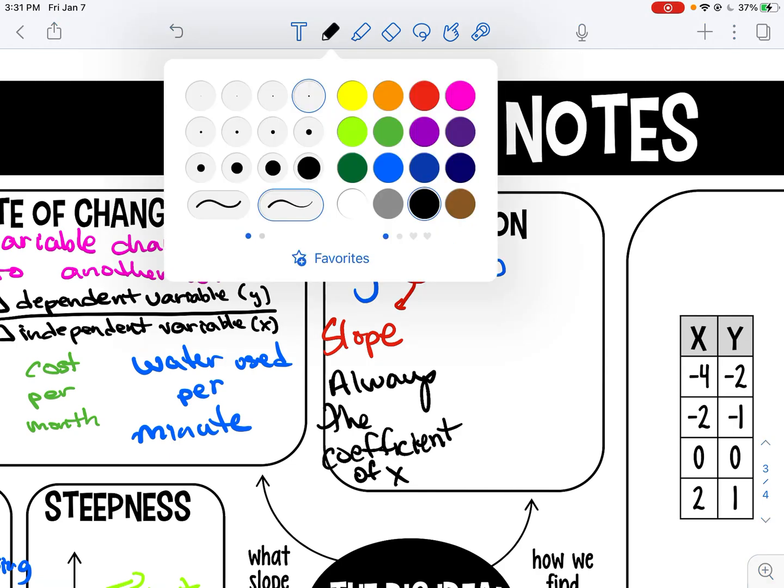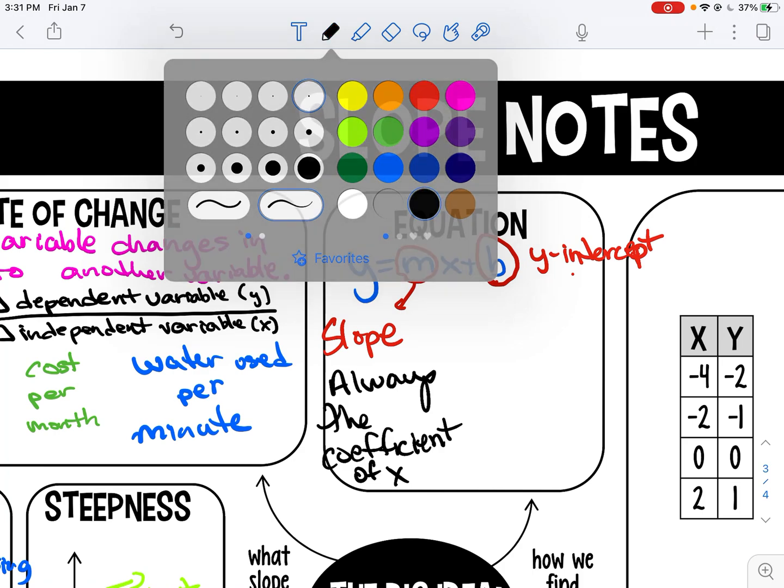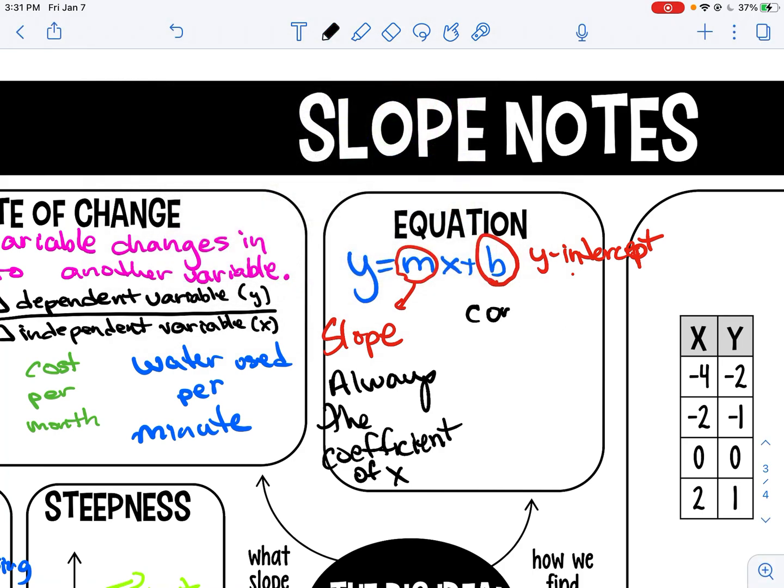Then we have the b, and that is the y-intercept. Okay? And when we talk about that, it's the constant, the number that stands alone.